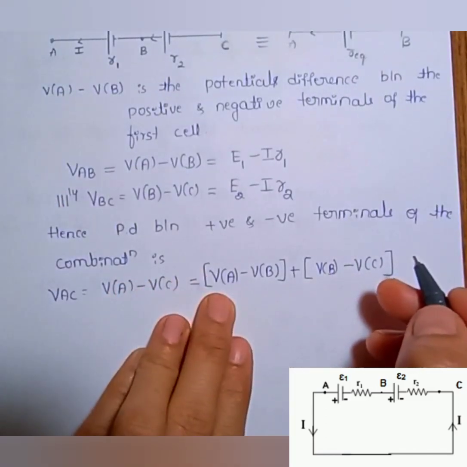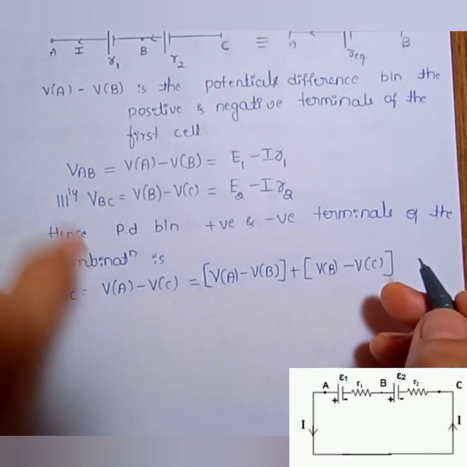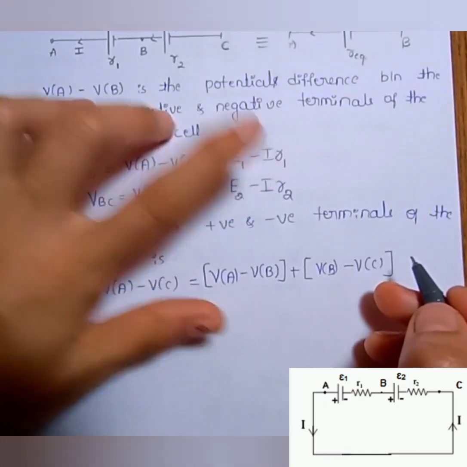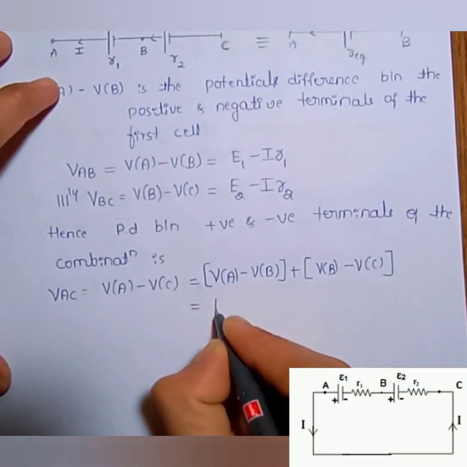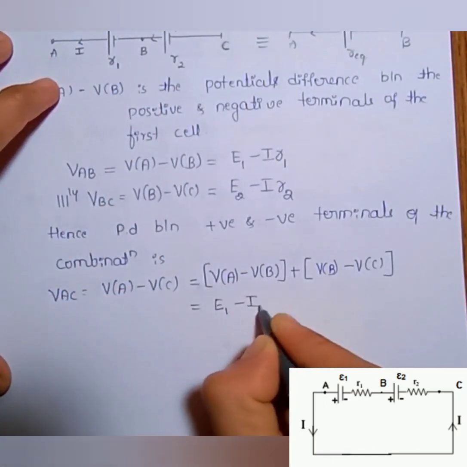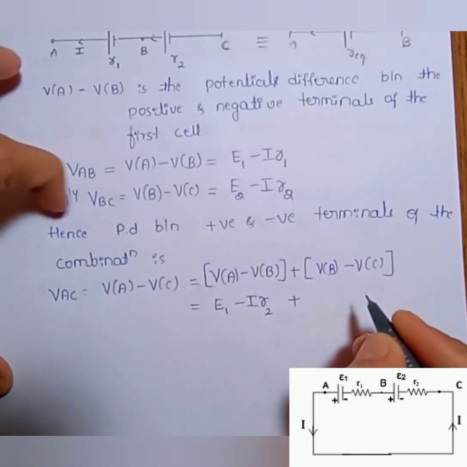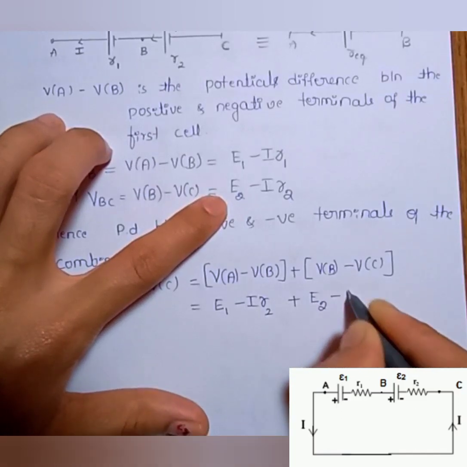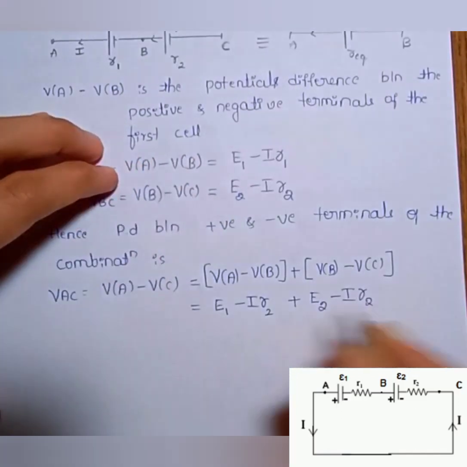Here VAB, that is VA minus VB, is equal to E1 minus I R1, and VB minus VC is equal to E2 minus I R2.